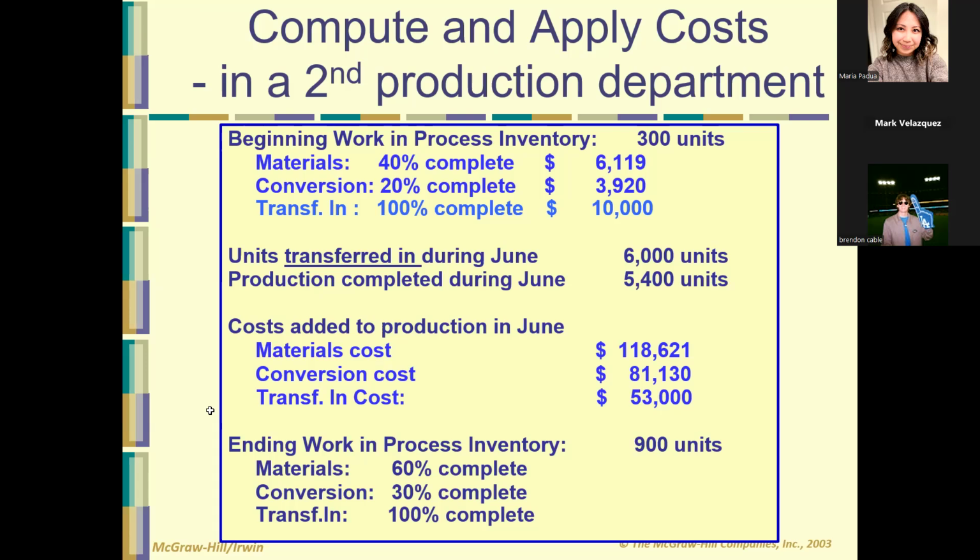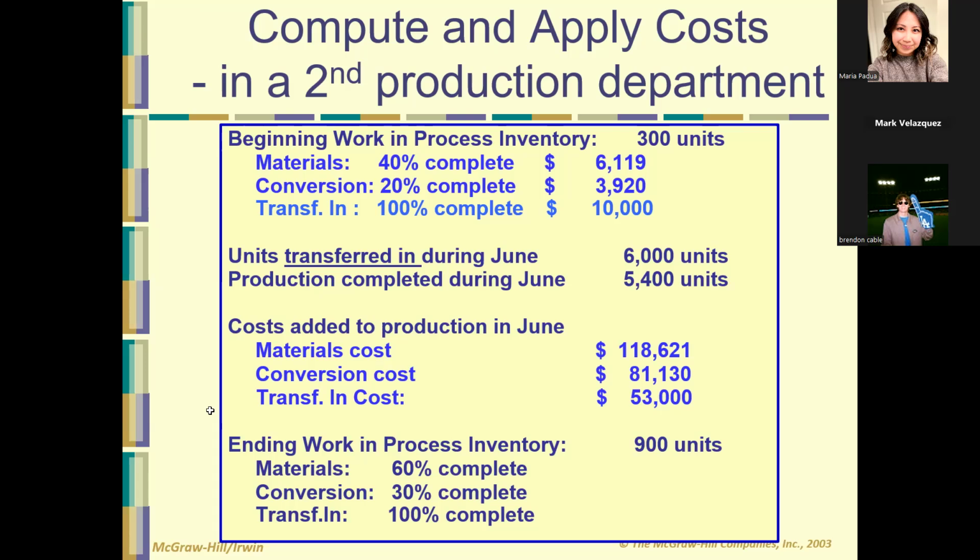Now for conversion cost, our units of production would be the 20,000 that was transferred out. The 20,000, we'll put it here, why not? And it's that simple to get the units of production.